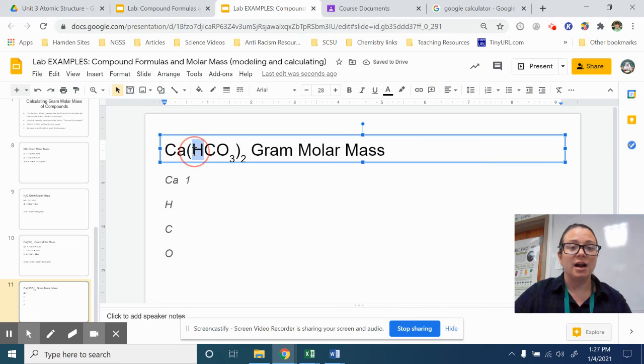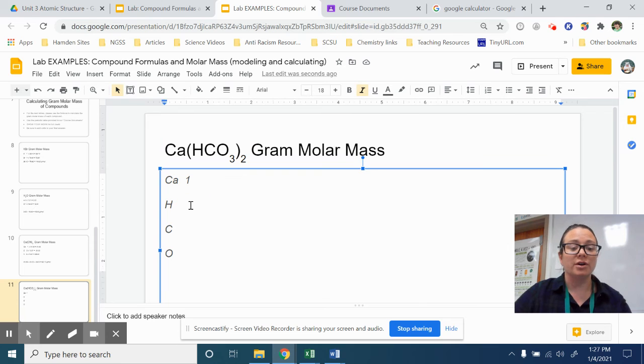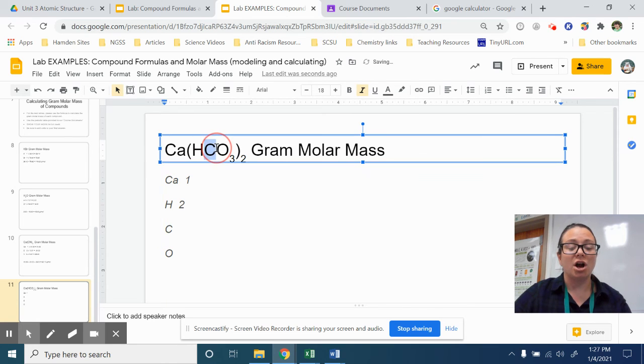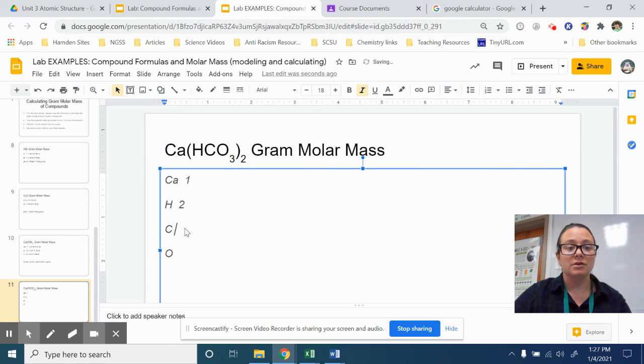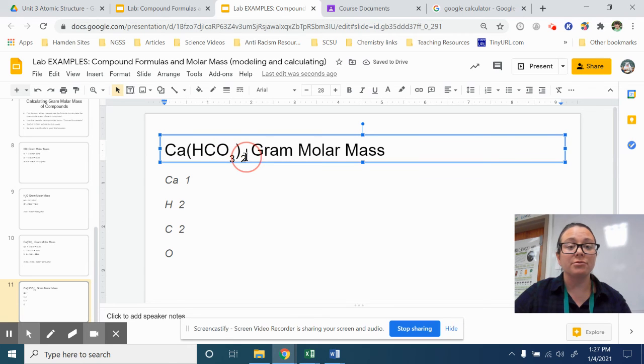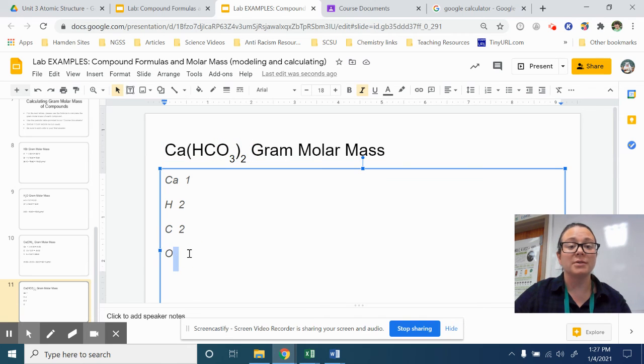For hydrogen, there's just 1 hydrogen, but I multiply by the 2, so there are 2 hydrogens. Carbon, there's just 1 times 2, so there's 2 carbons. Oxygen, there are 3. 3 times 2 gives me a total of 6 oxygens.